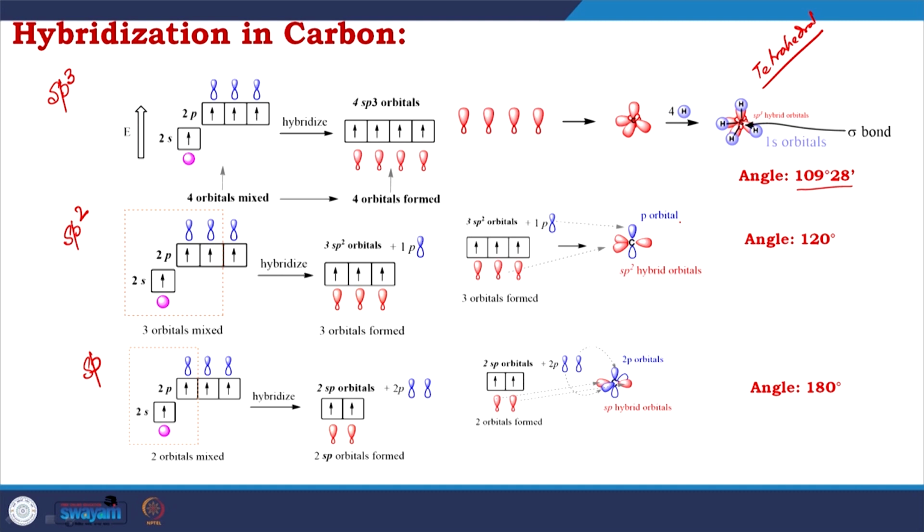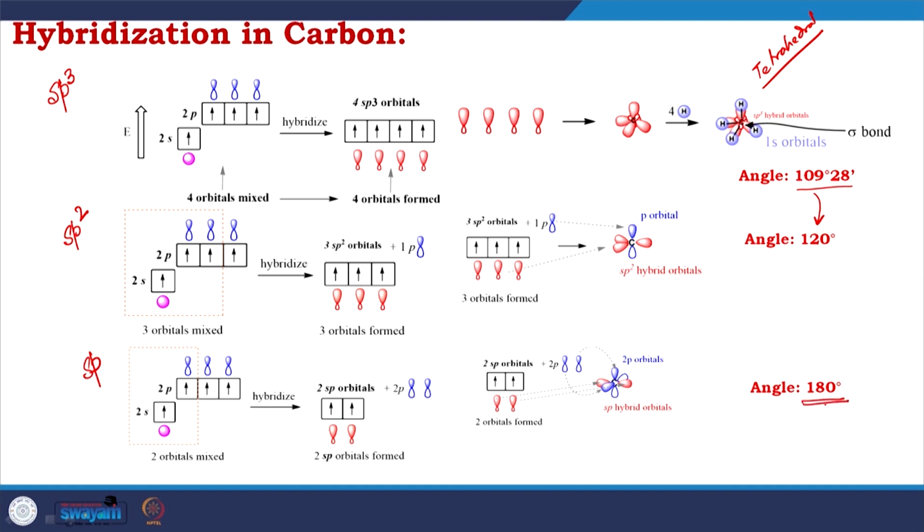The sp2s are forming single bond and p orbital is forming pi bond, the second bond. Here the angle changes from 109 degree to 120 degree. Then in sp we have one s and one p orbital forming 2 sp and there are 2 p orbitals which are forming 2 pi bonds. The angle is 180 degree.